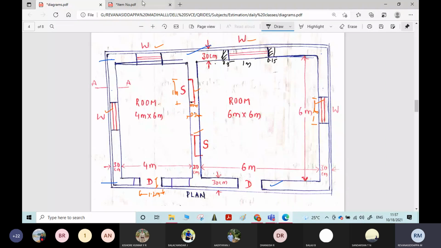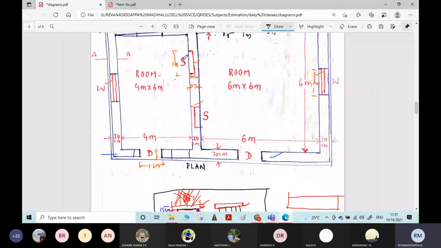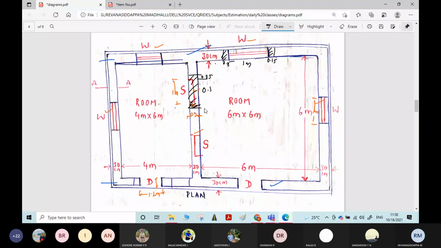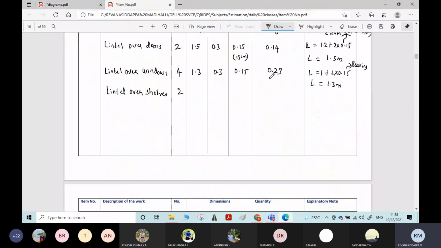For shelves also we need to consider bearing of 0.15 meter on either side. The length of the shelf is 1 meter, so 1.3 meter will be the length for the shelves as well.